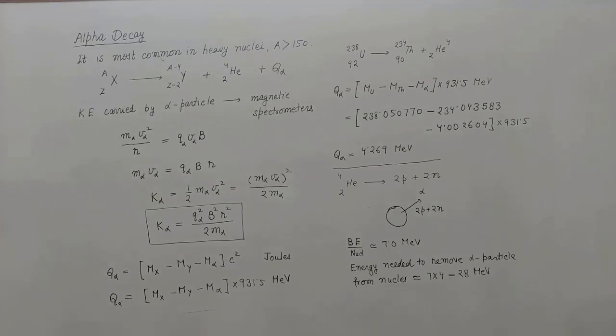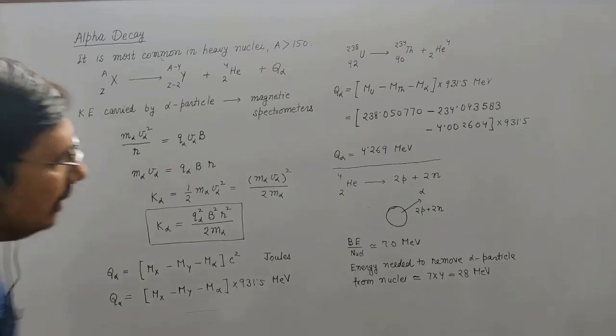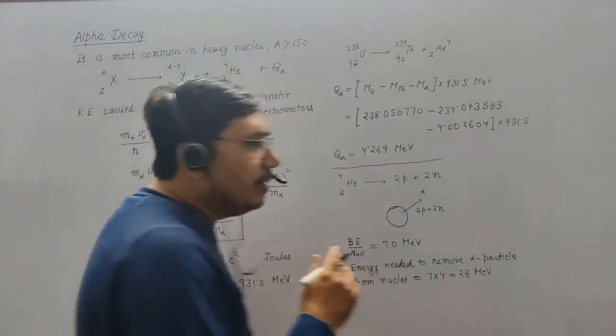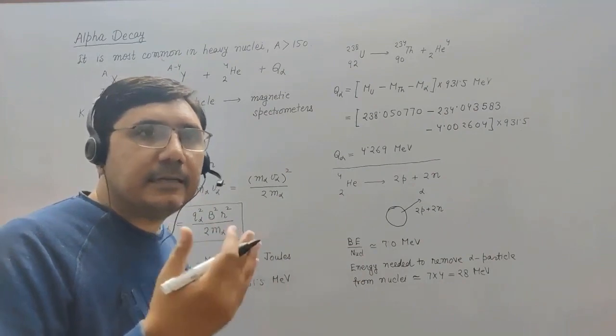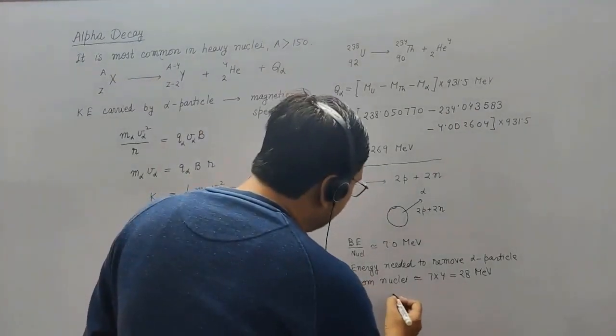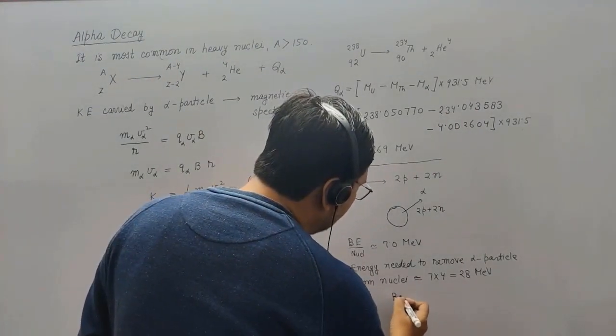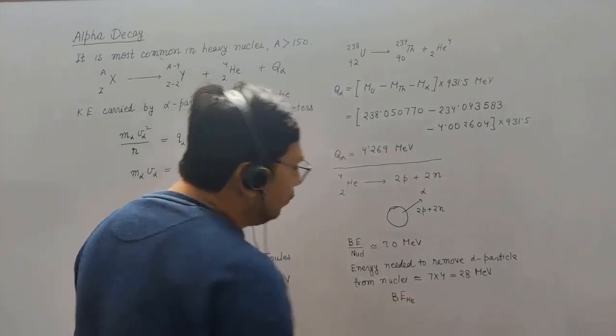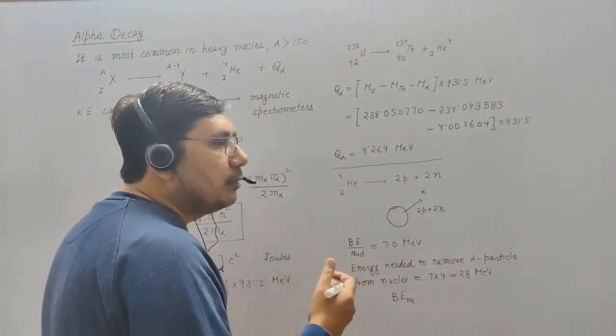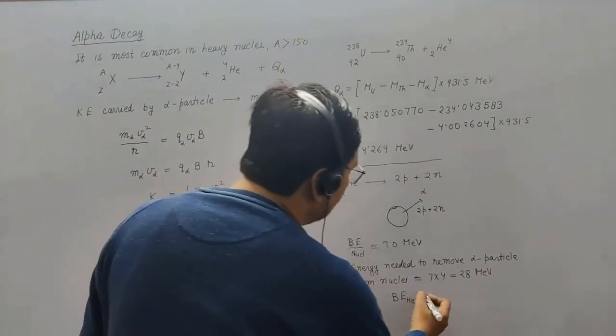Correspondingly, when this alpha particle is created, some energy will be released. And from the discussion of the binding energy, we are aware that when the alpha particle is created, then what is the binding energy of the helium nuclei? Means, when this nuclei is formed, how much energy is released?